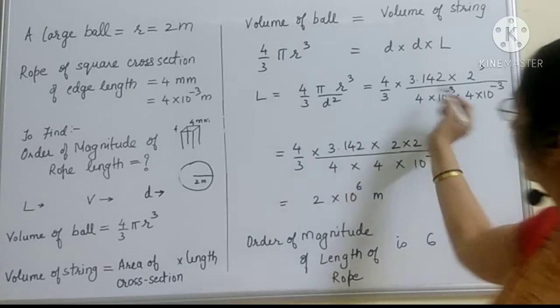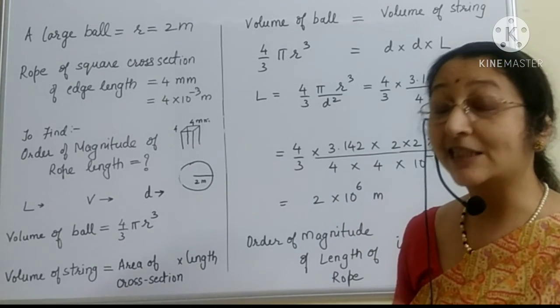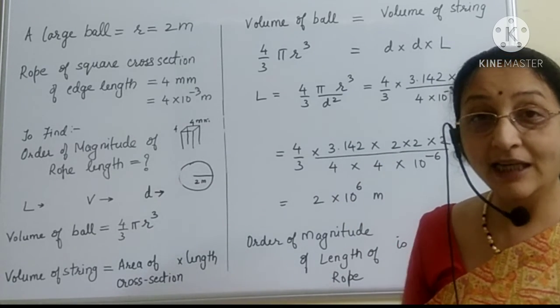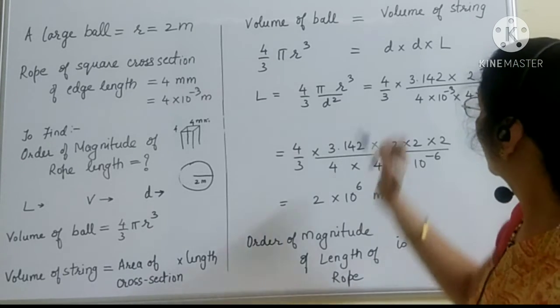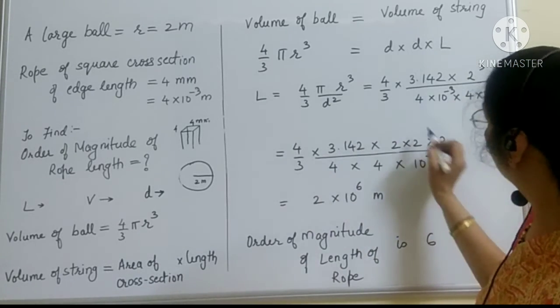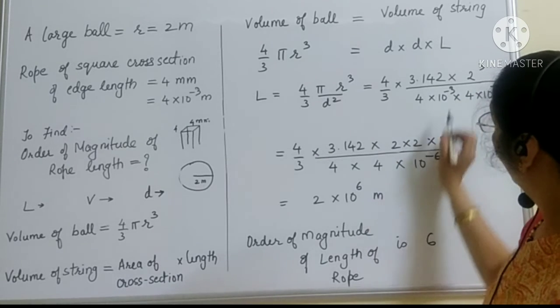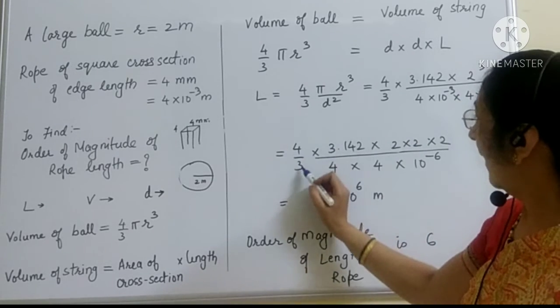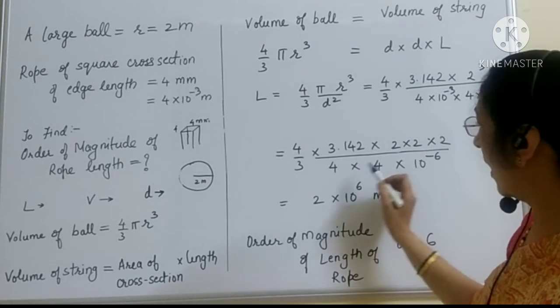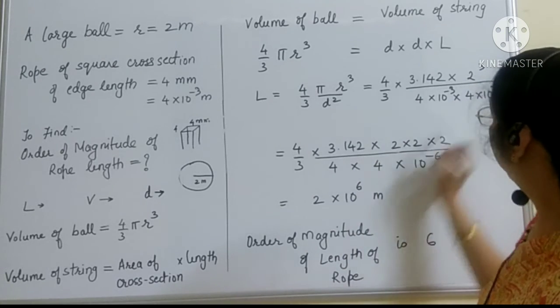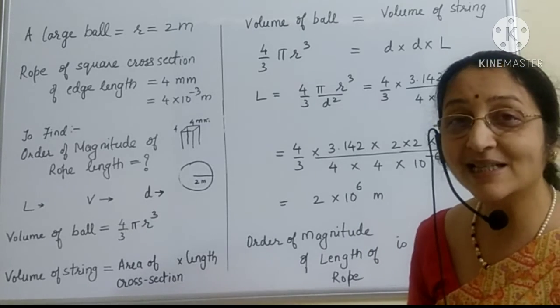Hence, now here, they have not asked us to find the exact length. They have only asked us to find the order of magnitude. So now here, we have rearranged: 4 by 3, 3.142 into 2 cube upon 4 into 4 into 10 to the power minus 6.